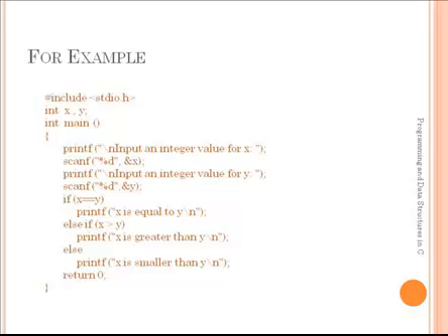Here it will perform x equals y. It will compare x and y, 5 equal to 10. It will test this condition. This condition is false, so the control will jump to the else if statement. Here it will check the condition x greater than y.